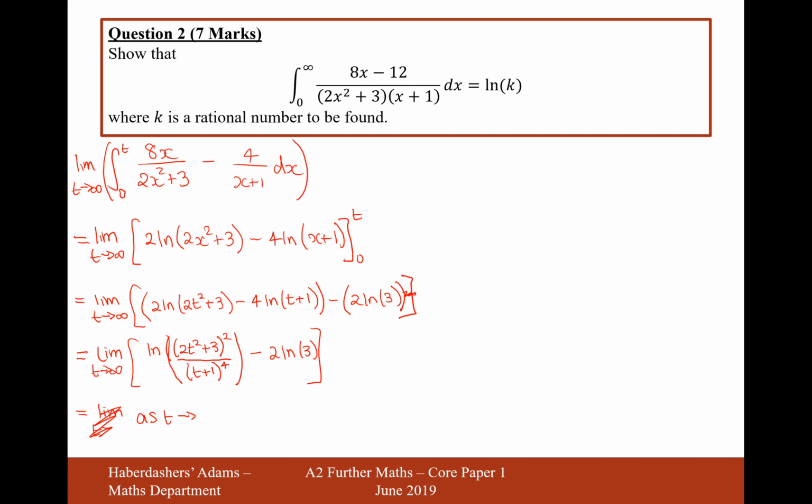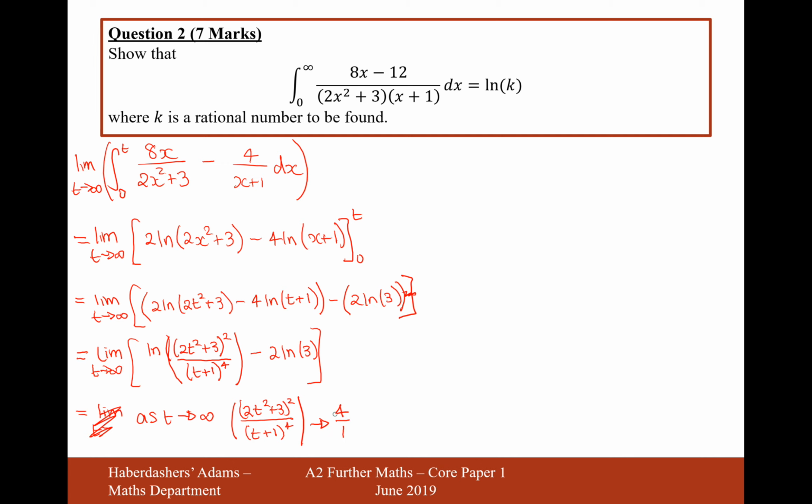As t tends towards infinity, the fraction (2t² + 3), with the top bit being squared, over (t + 1) to the power of 4, what will happen to the highest power of t inside those top brackets, top and bottom bracket? Well, on the top bracket, the coefficient of t to the power of 4 will be 4, and the coefficient of t to the power of 4 on this one will be 1, so it's going to tend towards 4 over 1.